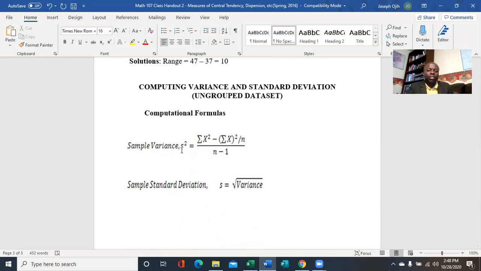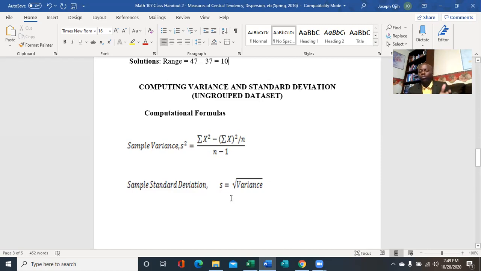So for the sample variance, it is the sum of x squared, where x represents the individual data values, minus the square of the sum of x over n, where n represents the number of items in the data set, all divided by n minus 1. And like I said before, the standard deviation is just the square root of variance. So the answer you get from this one, you find the square root of that answer to get your standard deviation. So let's do it.